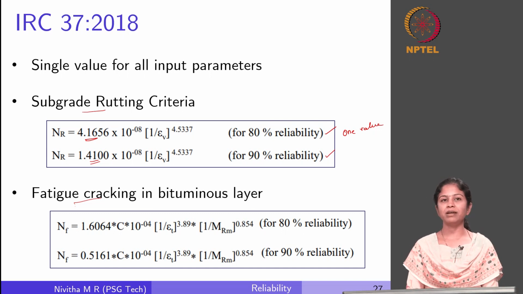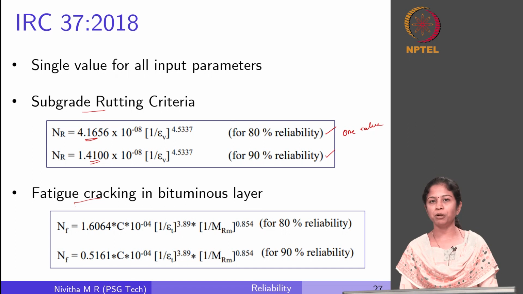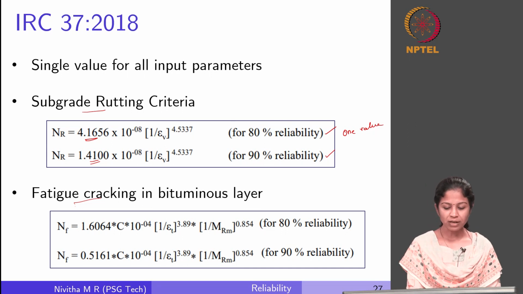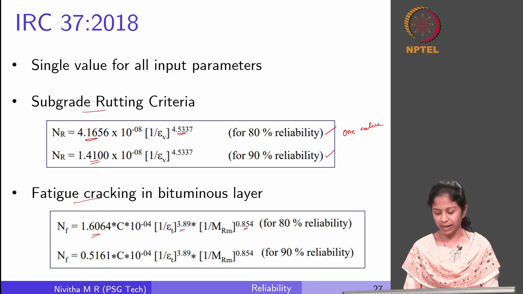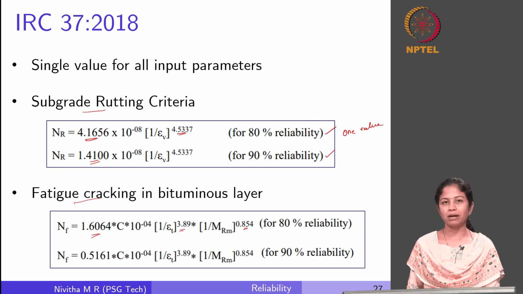So, there is going to be variability associated with each of these input parameters as well, and with the constants used in these equations. So, considering all that, if all of them are incorporated, what will be the degree of variability in my output, right.